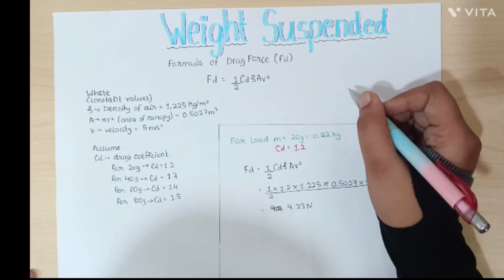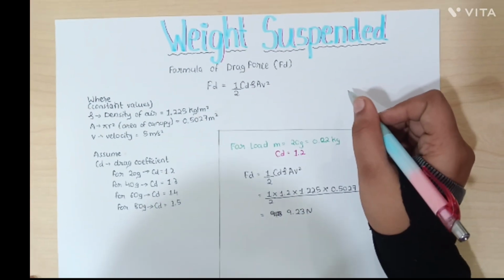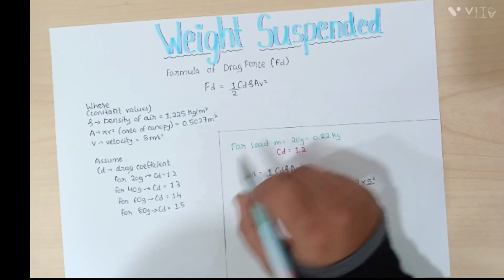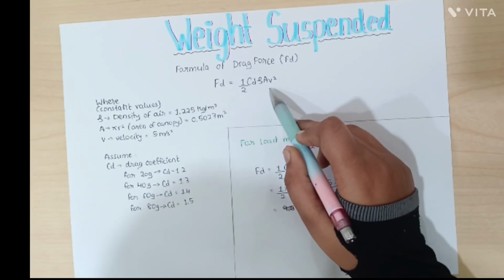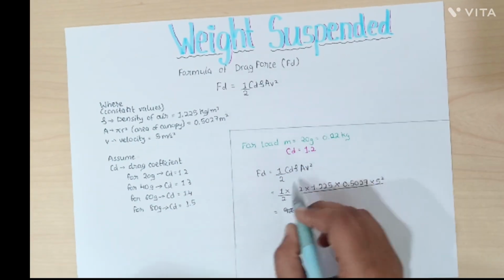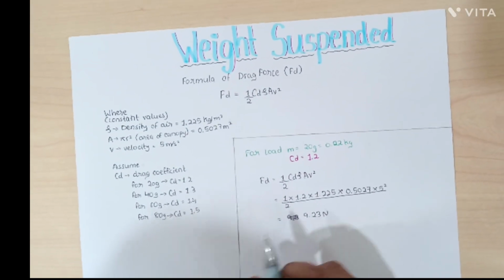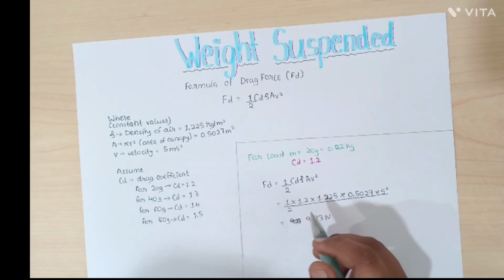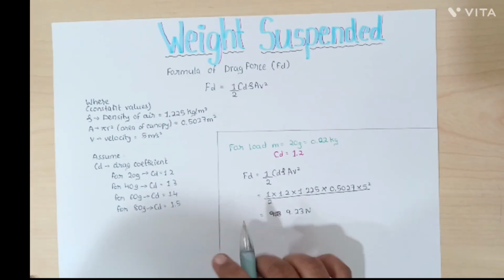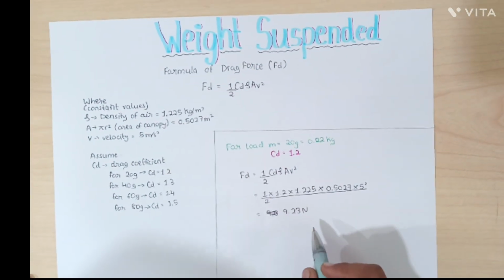As mentioned earlier, our variable factor is weight suspended. To calculate the drag force for each one, we use the following formula, and by substituting the values, we get the drag force. Here we have taken rho as 1.225 kg per meter cube and velocity is kept constant, which is 5 meter per second.